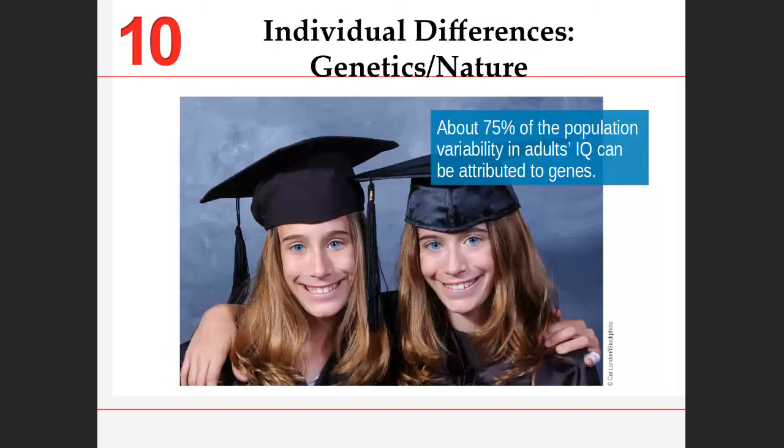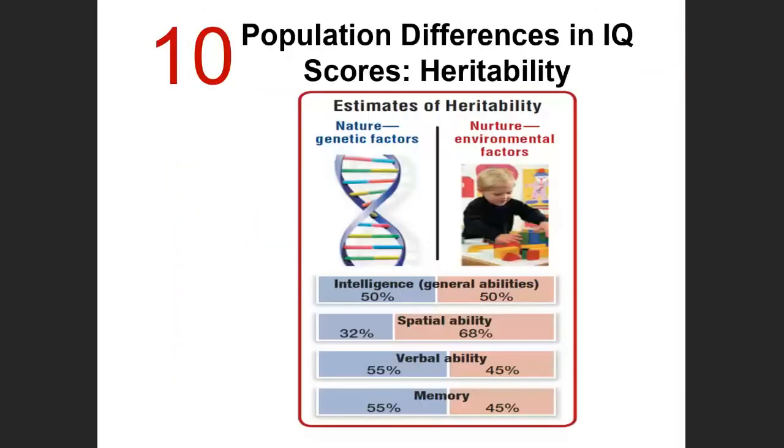Our textbook says that about 75% of our IQ is related to inheritance, and that's the heritability rate. But there are other sources that say it's lower. Here's one that says it's 50-50. If you remember the heritability topics that we studied back in chapter 3.